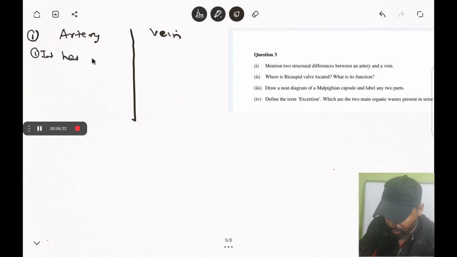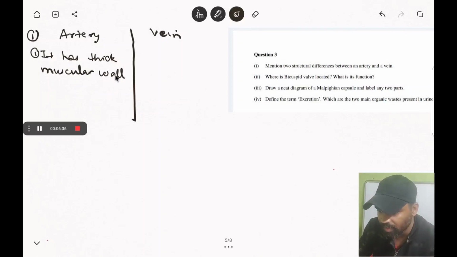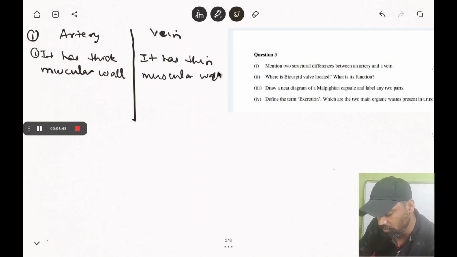Artery has a thick muscular wall, and veins have a thin muscular wall.